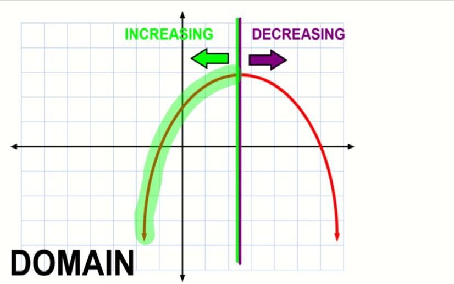Once it reaches that vertex, it starts decreasing. If it was the smiley face looking ones, it's flipped around. On the left, it's decreasing, and then once it reaches the vertex, it starts increasing. Okay? Like I said, it's usually fairly obvious where it's increasing or decreasing.